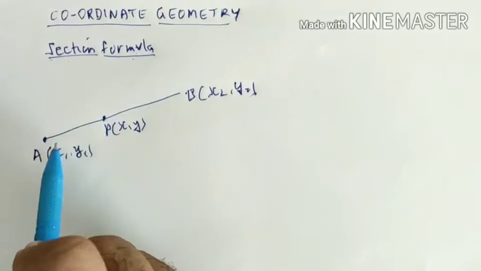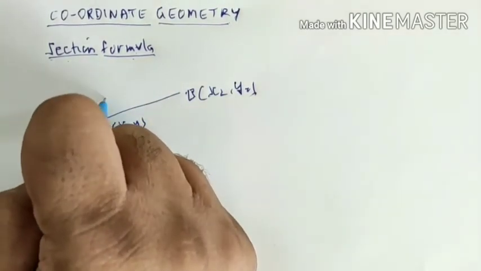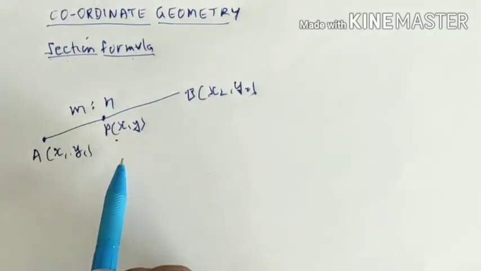This point P is dividing this segment AB in the ratio m:n. We want to find what are the coordinates of this point P.